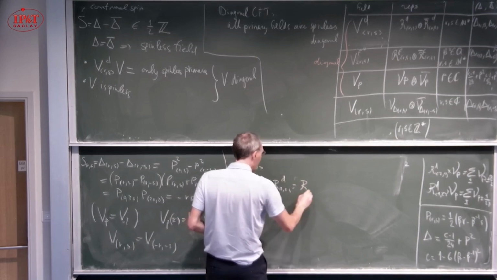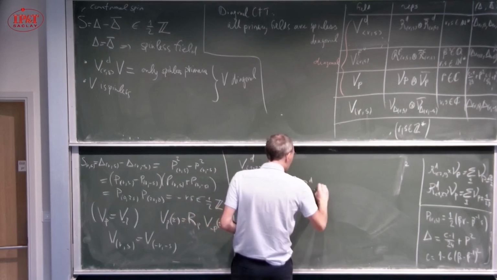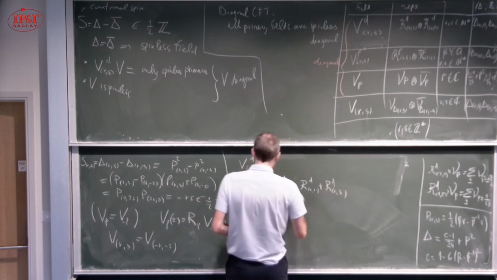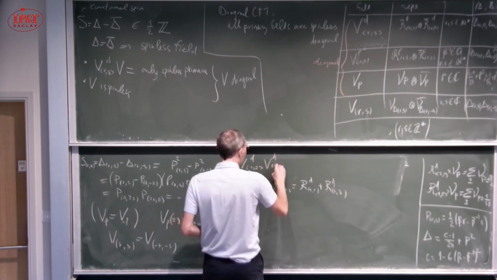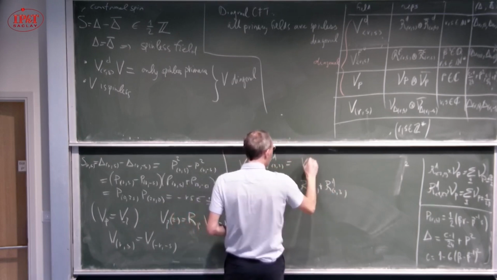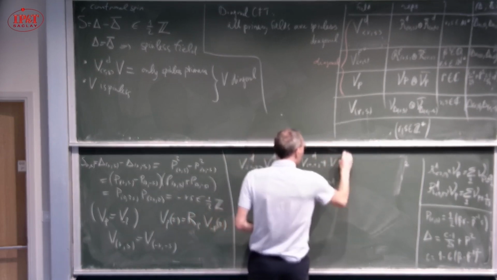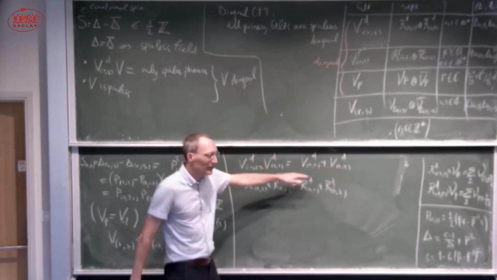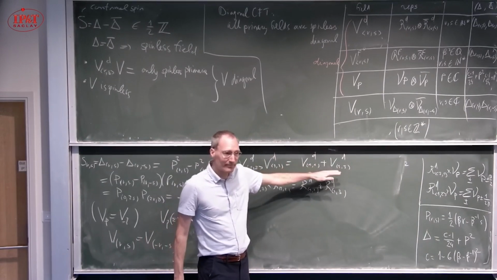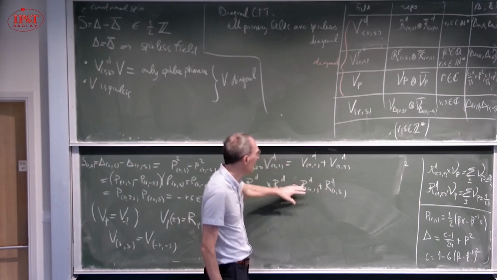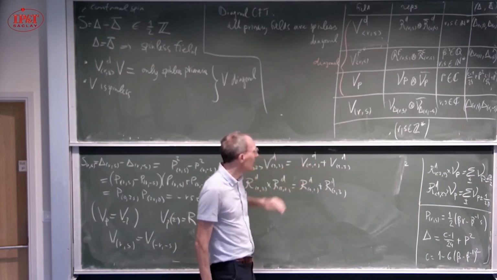It gives us R_{11} plus R_{13}. So V_{12} can contain V_{11} plus V_{13}. In fact, we assume that both of them are there for the moment. So everything that's allowed by the fusion rules appears actually in the OPE.